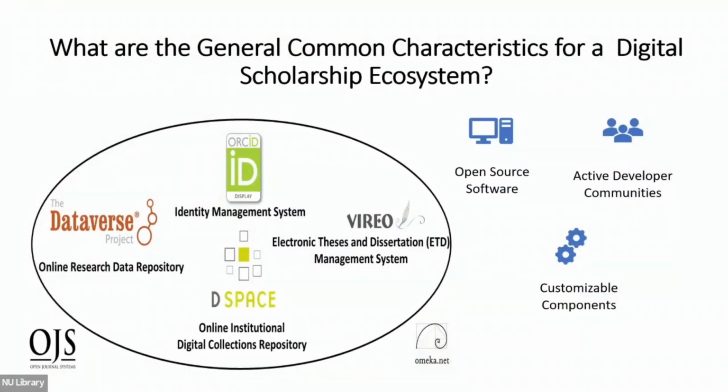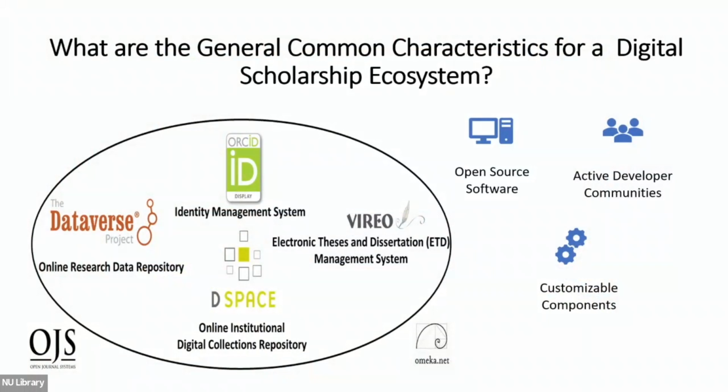So just to review, what are the general characteristics for a digital scholarship ecosystem? You all should have a clue by now, and it's 3 major ones, and one is the conference theme here: open source software. So that means open source, it's open, it's free, it's being made by somebody else, but you can customize it to the extent that you want.